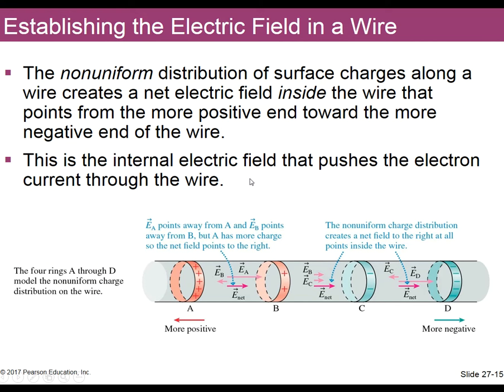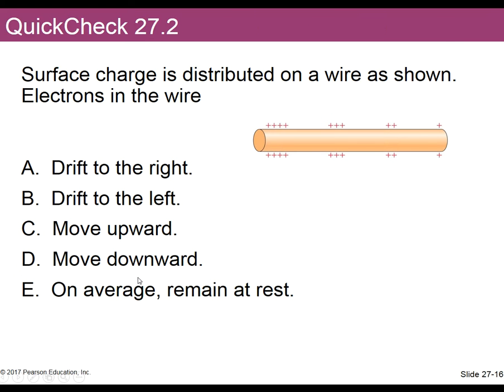So there is a non-uniform distribution of surface charges that creates an electric field inside the wire. So there is an electric field inside the wire if there are currents. You can see here that there's a more positive, less positive, and then negative, and then more negative. That's pushing either the electrons to the left or pushing positive charges to the right here.